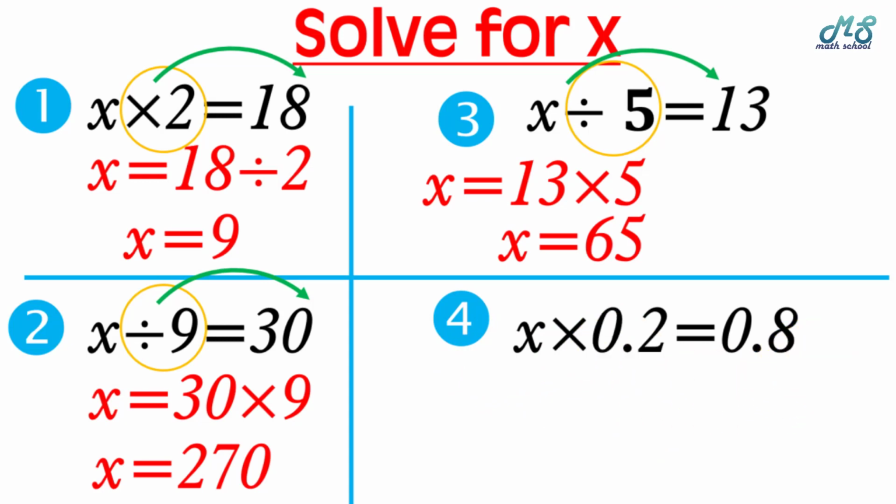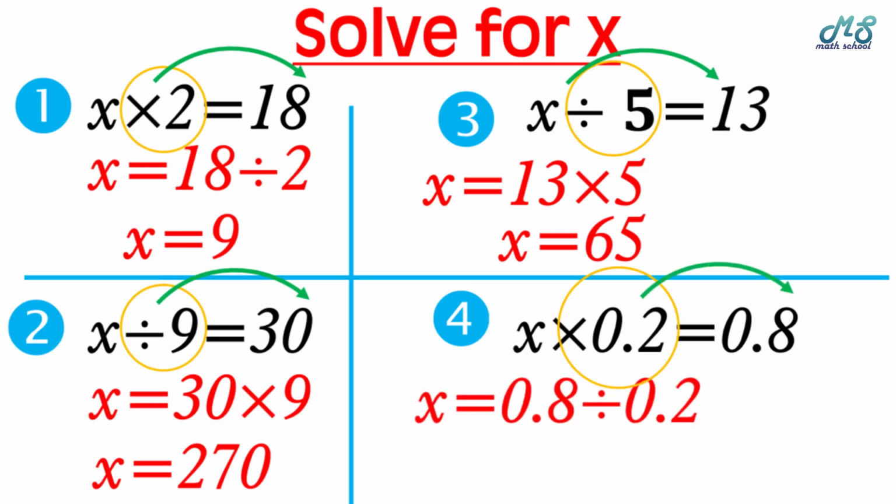The last one, x times 0.2 equals 0.8. It's easy. It's a multiplication equation. We have decimal forms. Don't be worried. To find the value of x, we will circle times 0.2 and move it to the other side to be divided. Now x equals 0.8 divided by 0.2.